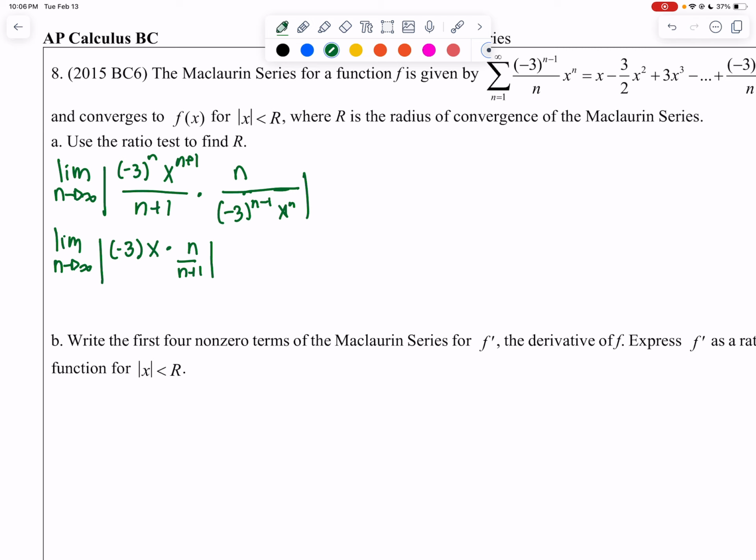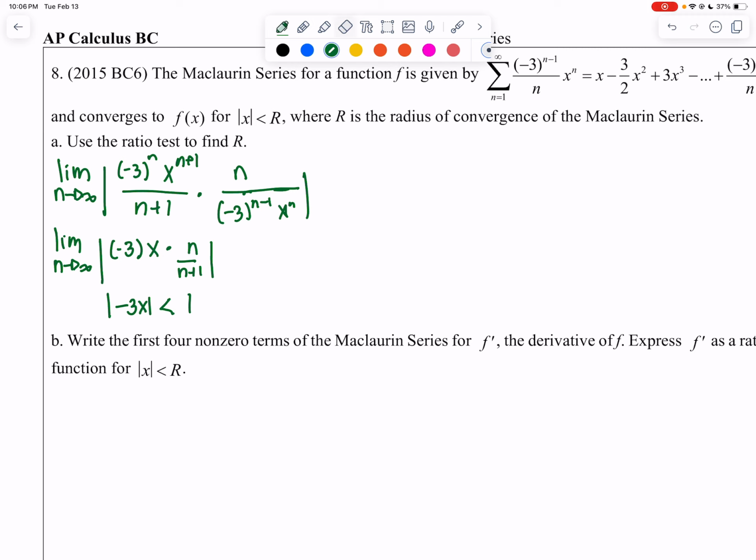So now I'm just left with the absolute value of -3x. And remember, using the ratio test, if I want something to converge, it needs to be less than 1. So we have the absolute value of -3x is less than 1. I could technically just move the negative away.